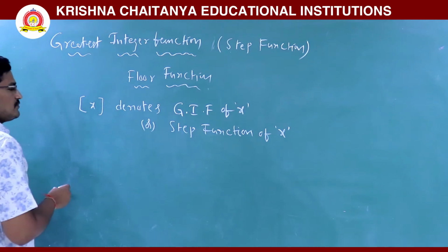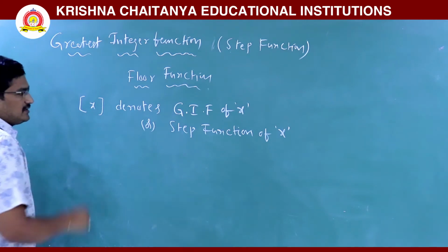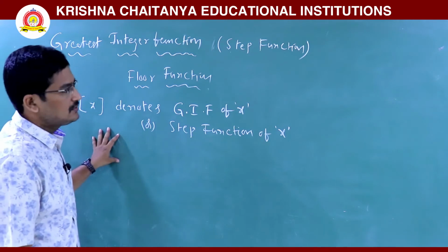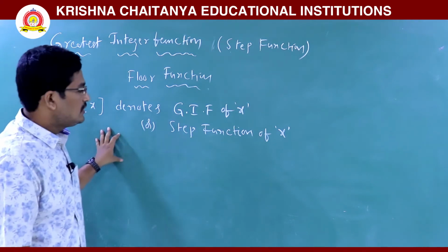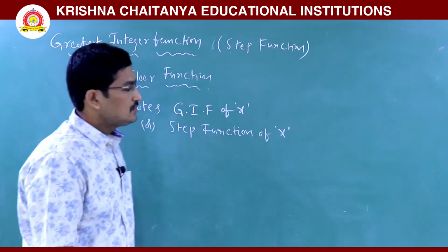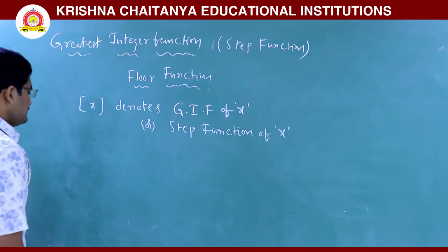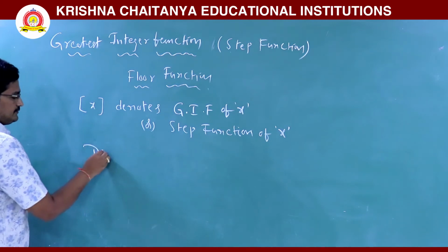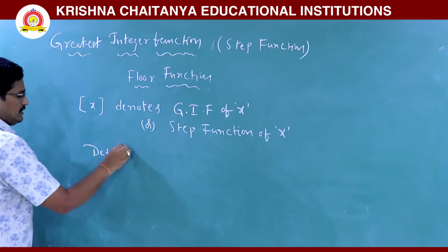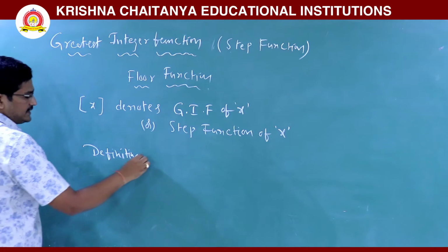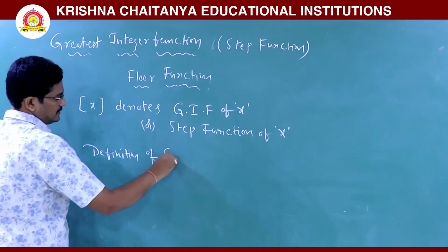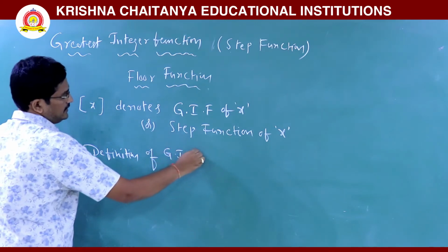So, what is the definition of the greatest integer function? First you have to learn it. After that, we have to discuss how to draw that curve. So, the definition of the greatest integer function, step function, GIF.